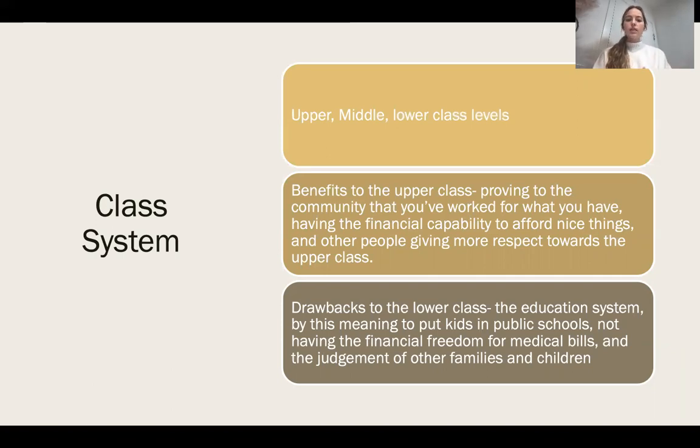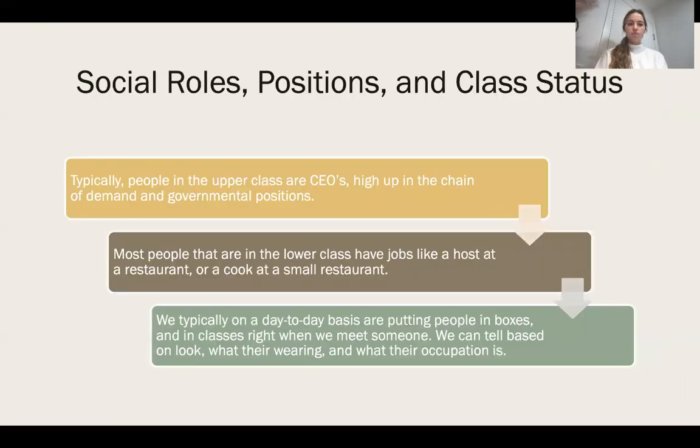Another downfall to the class system is medical bills. Medical bills are something that lots of families struggle with because of insurance and things like that. And on a day-to-day basis, some of these things the lower class just isn't able to afford. And so those would be some of the drawbacks.